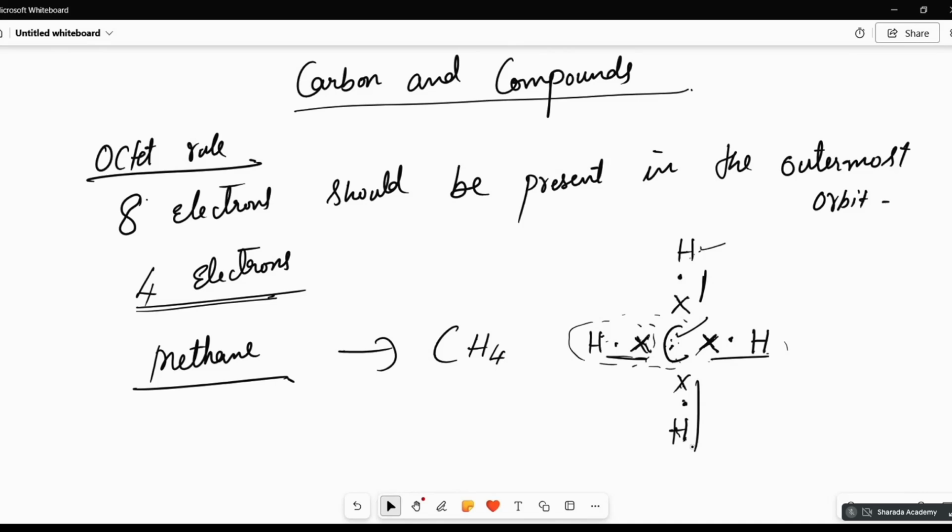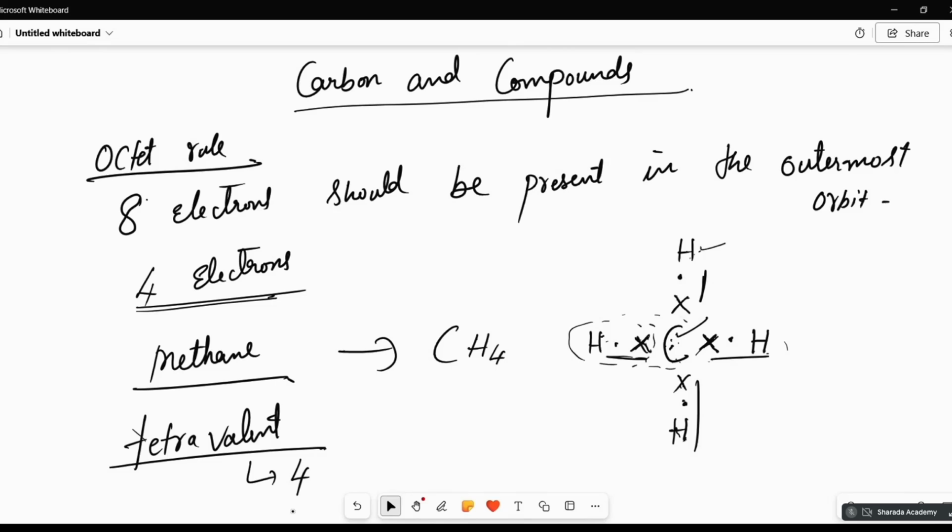Carbon is tetravalent in nature. Tetravalent means the valency is 4.